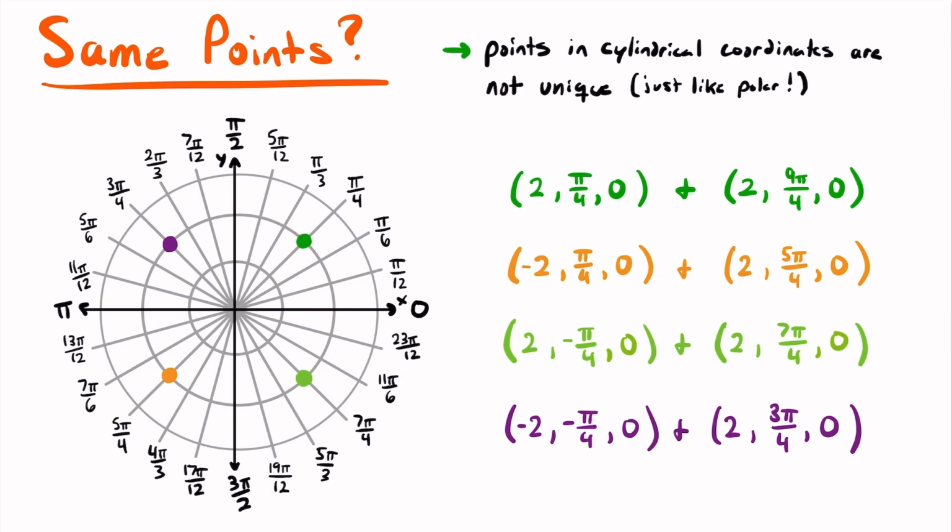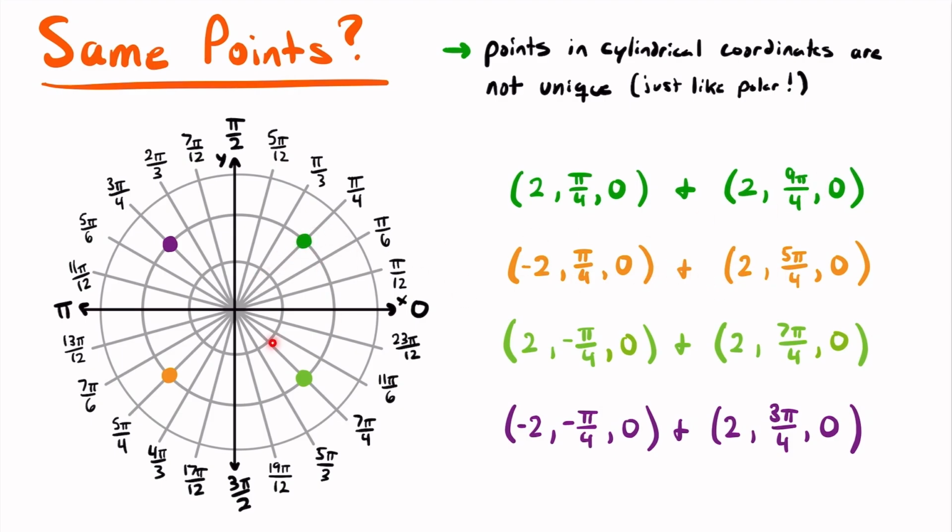Starting with this point, that's at an angle of pi divided by 4, but if you add 2 pi to that, so you have an angle of 9 pi divided by 4, you're still going to be at the same point, right? Because 2 pi takes you from an angle of 0 back to an angle of 0, that's a full circle, and then you go another angle of pi divided by 4 to get to 9 pi divided by 4. All right, so you're still at the same point.